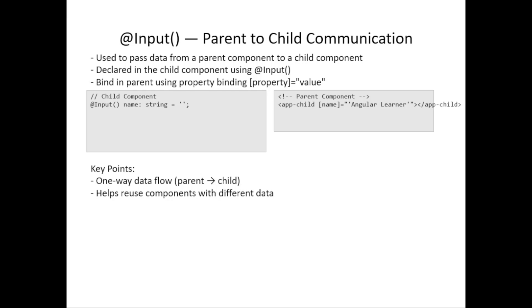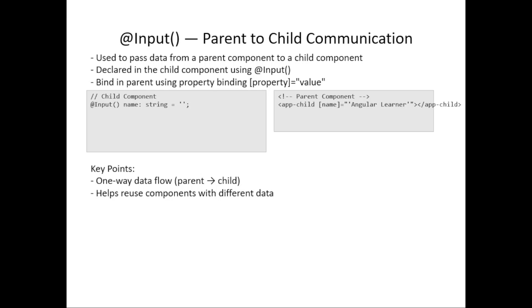For example, I have given two screenshots. In the parent HTML we send, using property binding, name equal to Angular learner. Here in the parent we are sending the string Angular learner to the child component.